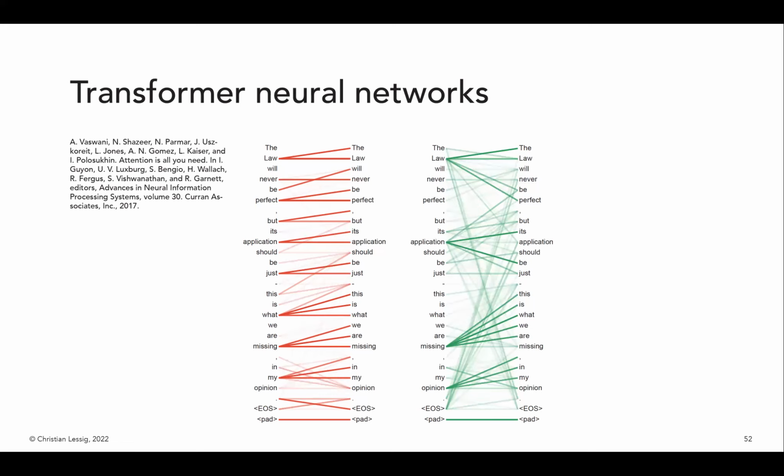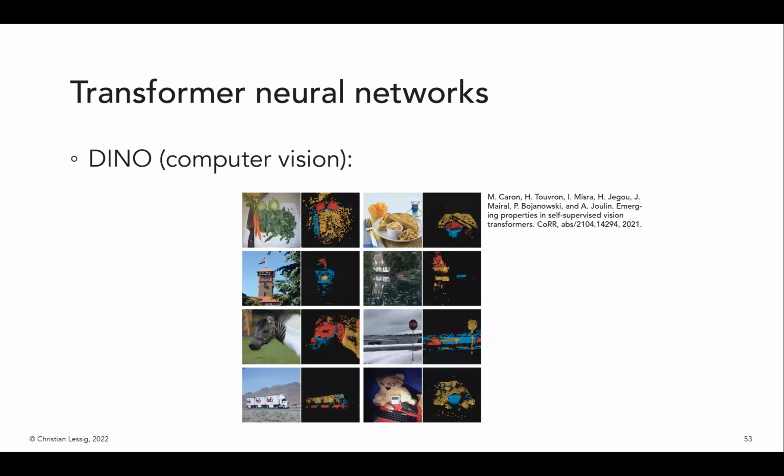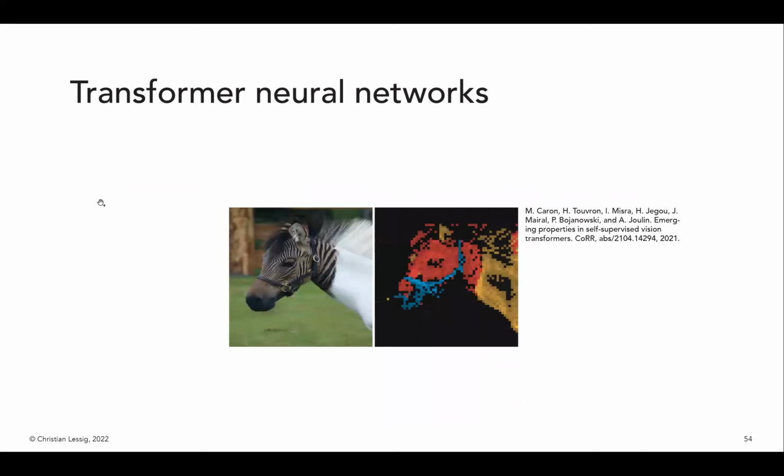So I will explain at the end in a little bit more detail how this works, but this correlation information is directly available from the network. And we can look at how it looks for images, for this computer vision task. And the point is it's always available in the input domain. So if you go to computer vision, you have it available as an image. And we can, for example, pick this image of a zebra-like object.